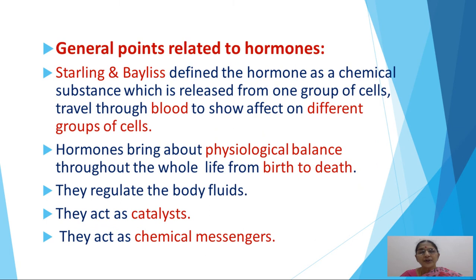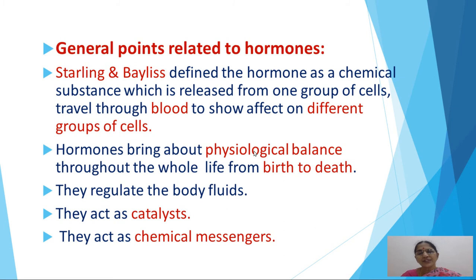Coming to the general points related to hormones, here Starling and Bayliss, these two scientists defined the hormone as a chemical substance which is released from one group of cells. They travel through the blood to show the effect on different groups of cells. The hormones bring about physiological balance throughout the whole life, from birth to death.